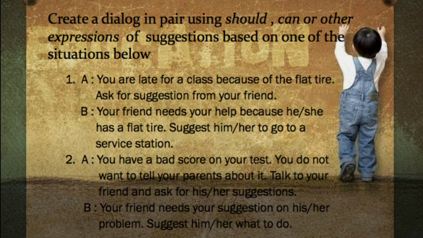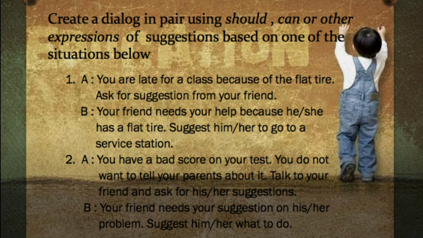As you see there, in the first situation you are late for class because of a flat tire, and you ask for suggestions from your friend or partner, and your partner needs your help because he has a flat tire. You give him suggestions to go to a service station.